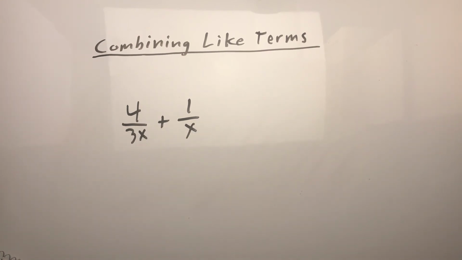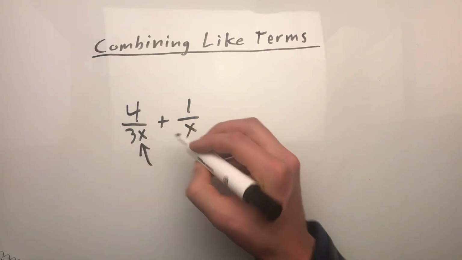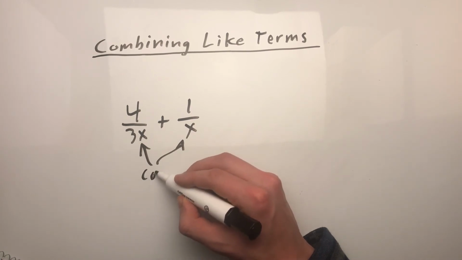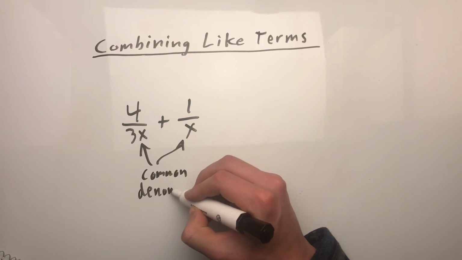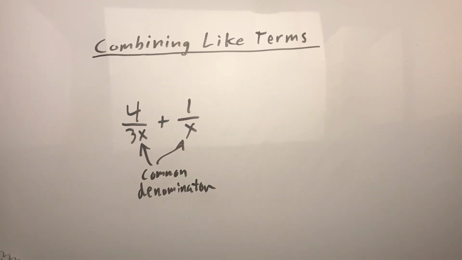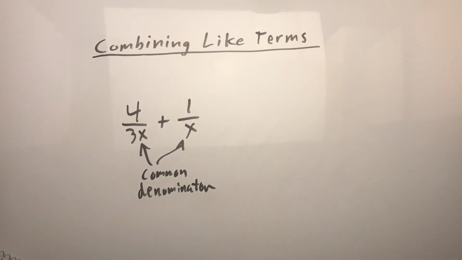And if you remember your fraction addition rules, in order for two fractions to be addable, we need them to have a common denominator. Basically, the denominators on the bottom of each fraction need to be the same, which would then allow us to add the numerators to each other.